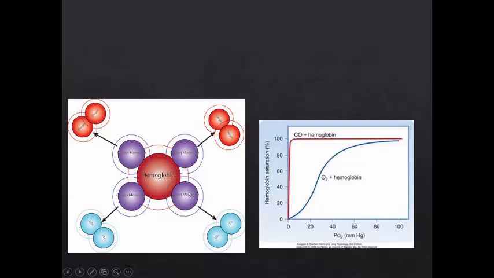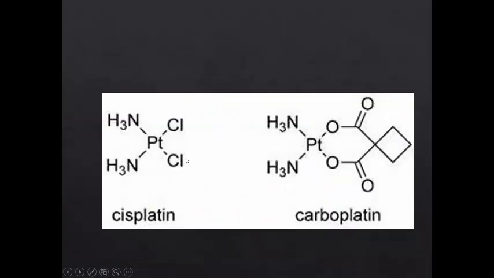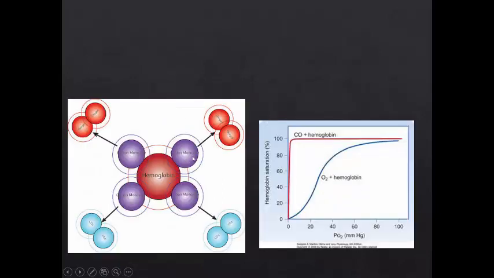This is how people can die if they have carbon monoxide poisoning, because carbon monoxide has a higher affinity for those 4 sites to bind to hemoglobin than does oxygen. So you have to be very careful to make sure that you don't have much carbon monoxide around, because it will be preferred because of the high affinity. Remember, we talked about affinity and capacity of the system.